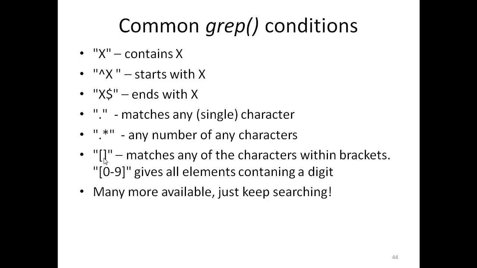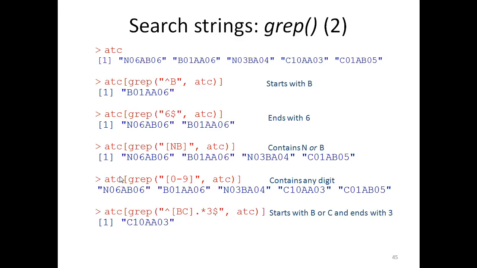And if you're looking for digits instead, you can write brackets and within the brackets 0-9. And there are a lot more regular expressions, so just keep searching if you need something in particular. Here I'll try to demonstrate how to use them.